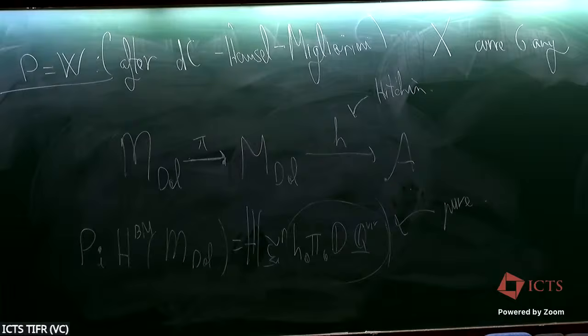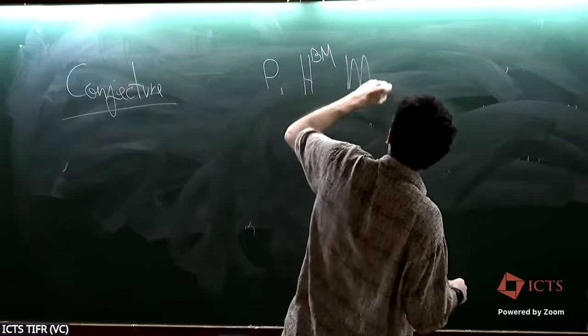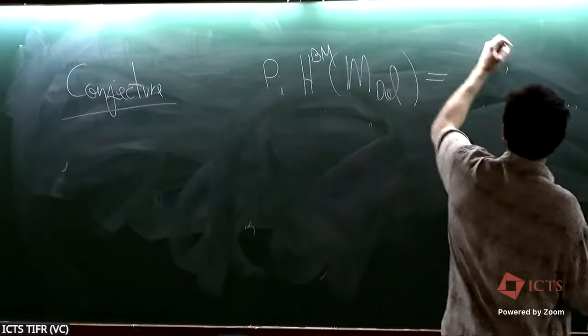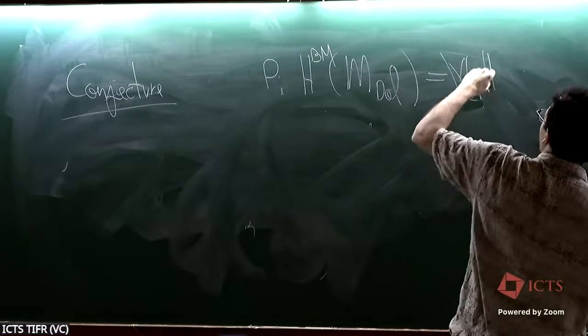And on the other hand, for the Betti stack, there's the weight filtration coming from Hodge theory. And the conjecture is that under the non-abelian Hodge correspondence for Borel-Moore homology, this perverse filtration agrees with the weight filtration on the Betti side.